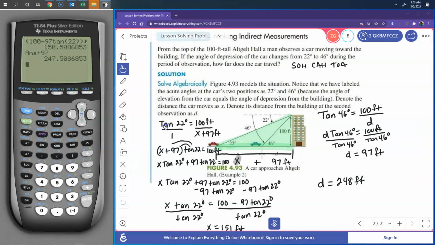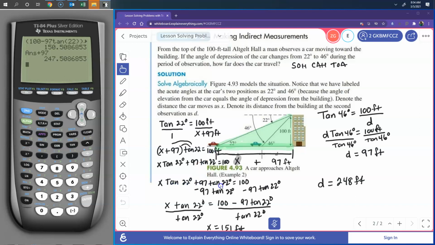So we started off by writing down tangent of 22 degrees is equal to 100, which is opposite over adjacent. We have x plus 97 feet, in parentheses, times the tangent of 22 degrees. I did the distributive property, so you have x times the tangent of 22 degrees plus 97 times the tangent of 22 degrees. And that's still equal to 100 feet.